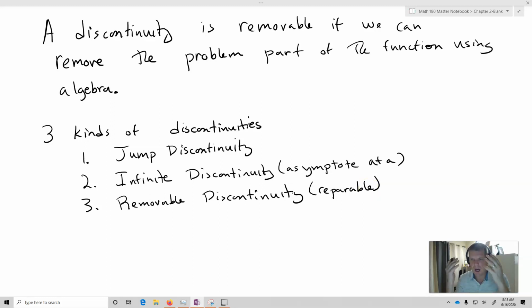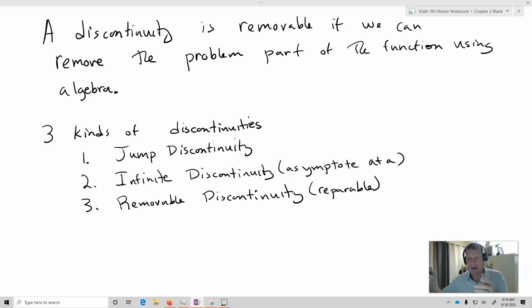Oftentimes when you're thinking about continuity, it is really helpful to think about what is discontinuous. A continuous graph is one where there's none of those problems. There's no problem areas. There's no place in which the function's undefined. There's no issues anywhere. And so consequently, you have something that's continuous on an entire interval, which is an entire set of values along the x-axis.